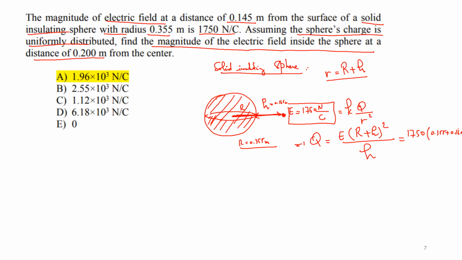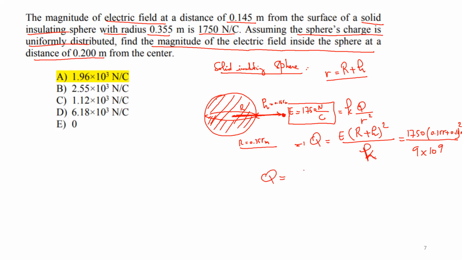Don't forget the square. I take this square divided by K, and K is 9 times 10 to the power 9 SI units. So if you do that, you get your charge.